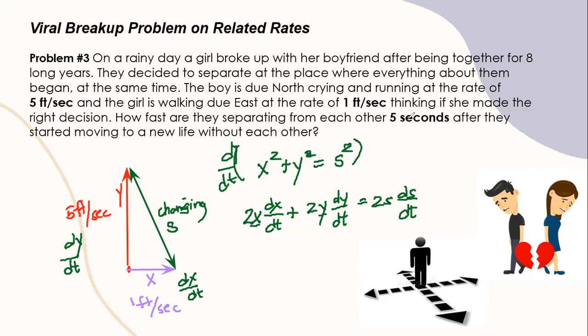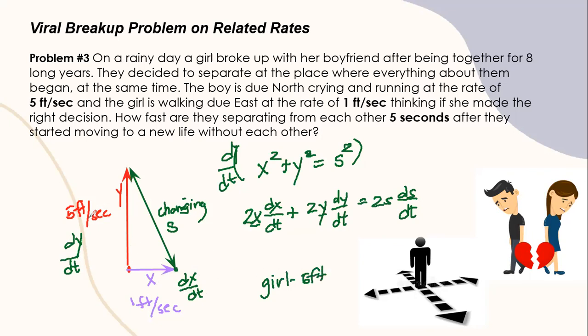Okay. So sabi dito 5 seconds after they started moving. So dun natin kukunin si x and y. Kay x, after 5 seconds, ilang feet na yung na? So andito na si girl. So after 5 seconds, nakatravel na siya ng 5 feet.